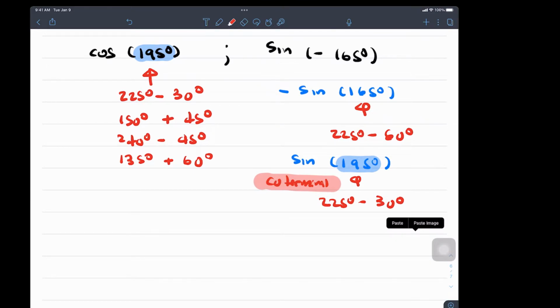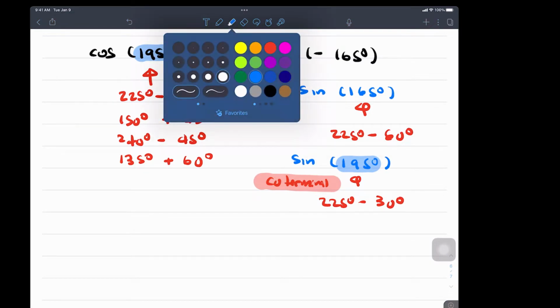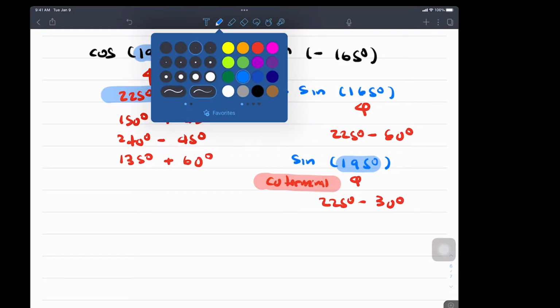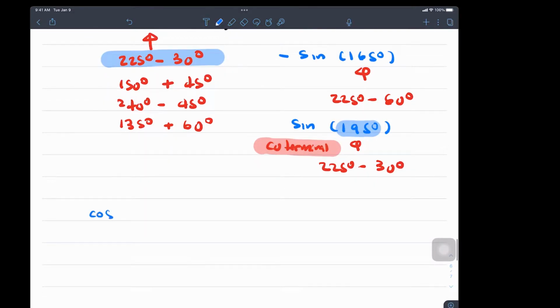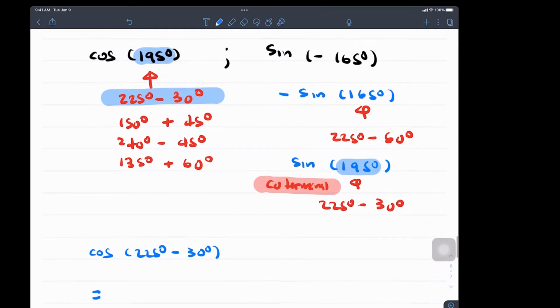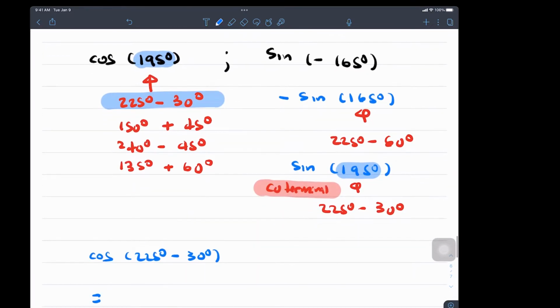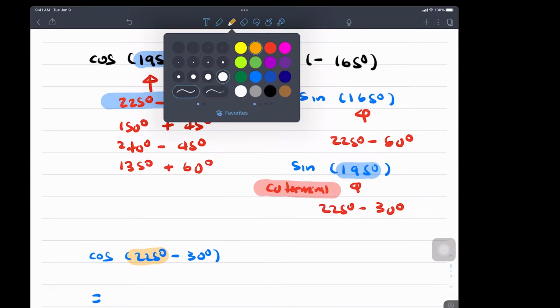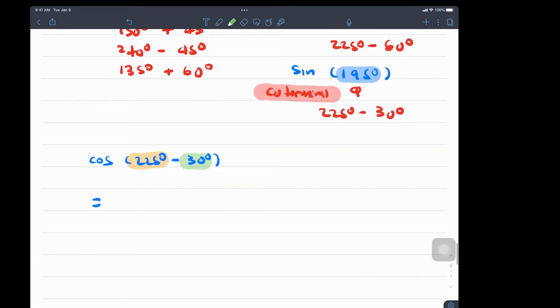Okay, so anyway, which one do you guys want to do? We've got so many options. Sometimes you get option paralysis, right? 225 minus 30. Okay, so cosine of a difference.